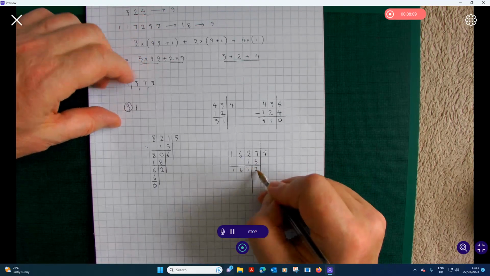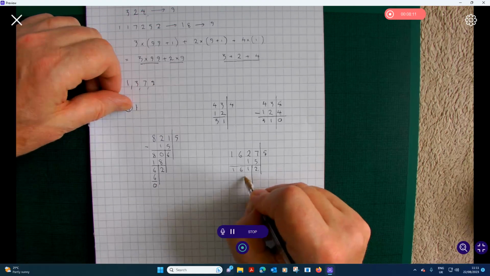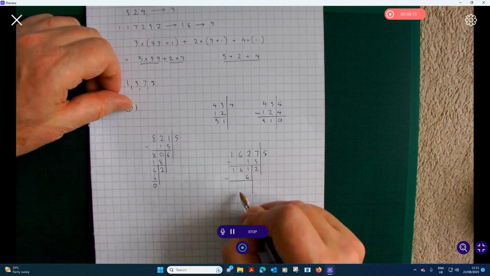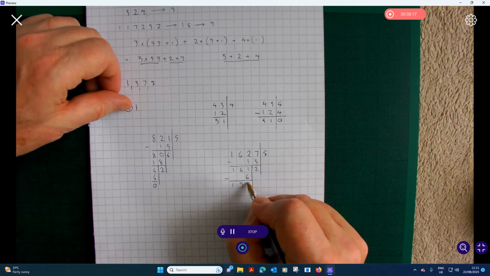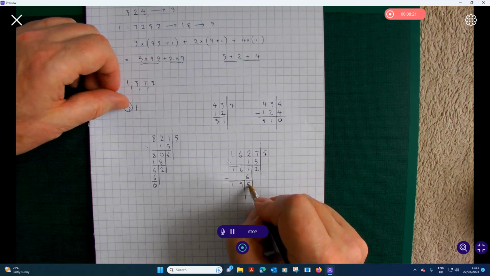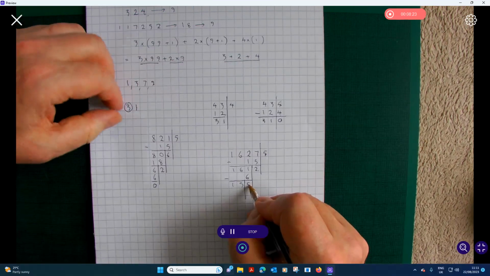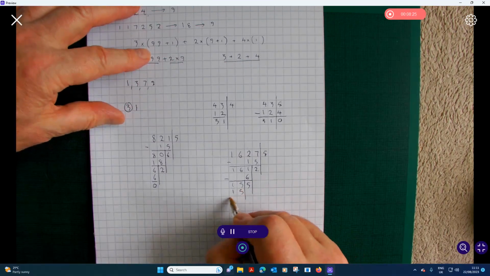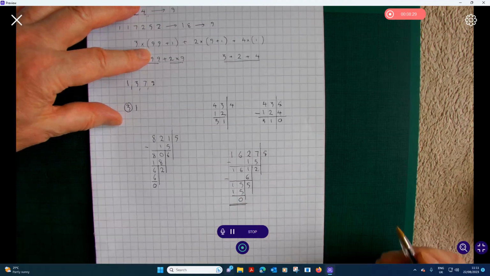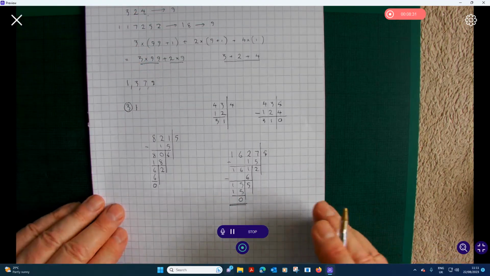Mark off the rightmost column, and we've got 2 3s are 6, which is going to give me, when I subtract, 155. Then I mark off the rightmost column and say 5 times my operator 3, 5 3s are 15, and that brings me back to 0. So there we are. That's the way that test works.